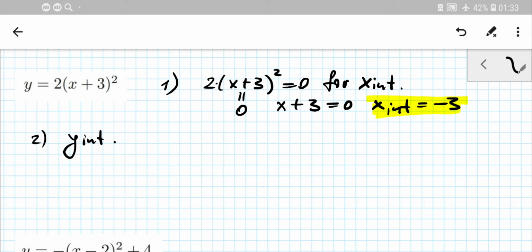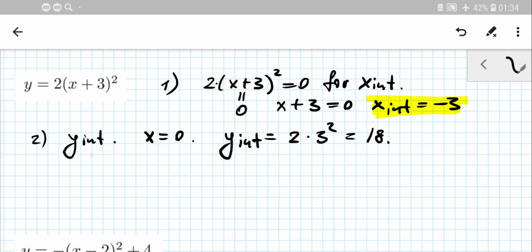All right, so second part, y-intercept. Of course, for the y-intercept, you can plug in x equals 0. This is one option, and you'll get, when x is 0, 2 times 3 squared, which is 3 squared 9, and 9 times 2 is 18. But there is also another way around.